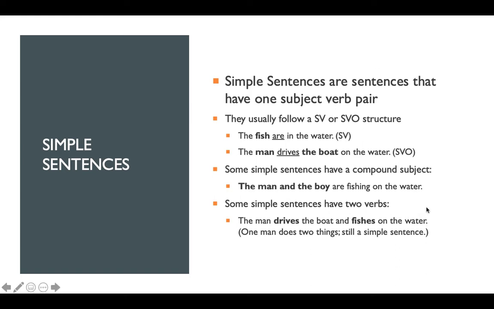Some simple sentences have two verbs. The man drives the boat and fishes on the water. Here it is still one subject and verb pair because one man is doing two things, and he's doing both of those things. These are simple sentences.